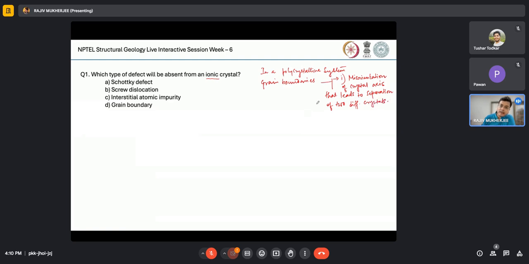This can be one thing, or another one could be the interface between two crystals of different chemical composition.